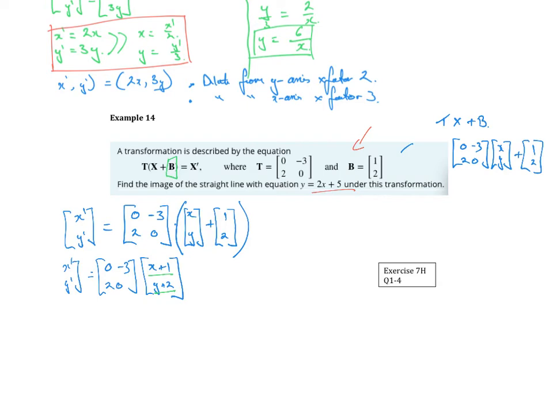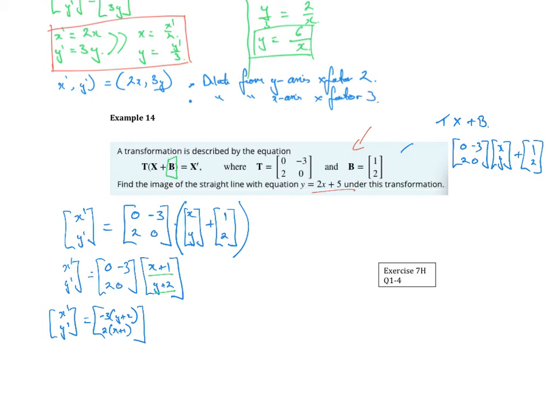So now let's expand this, multiply this matrix out. I get x dashed y dashed is equal to 0 times x plus 1 plus negative 3 times y plus 2, and 2 times x plus 1 plus 0 times something.